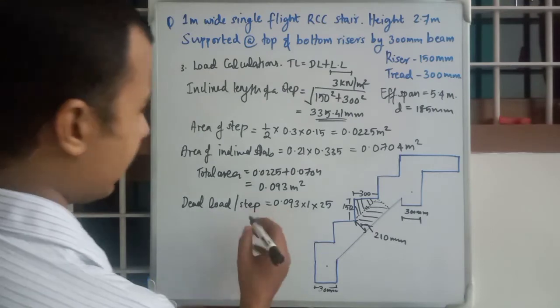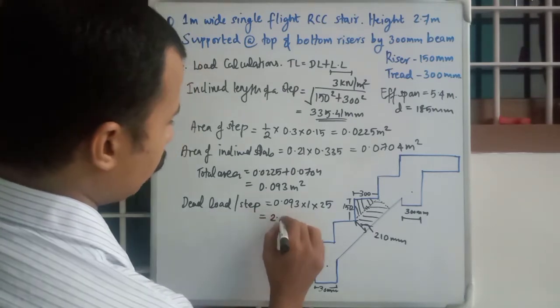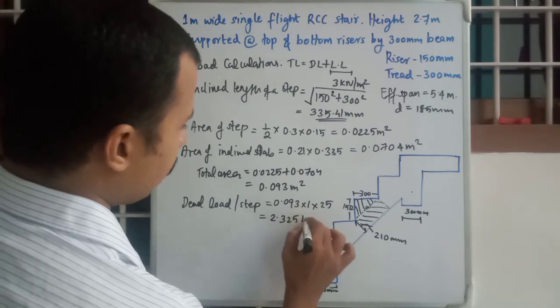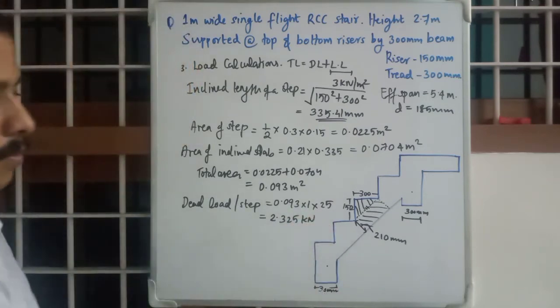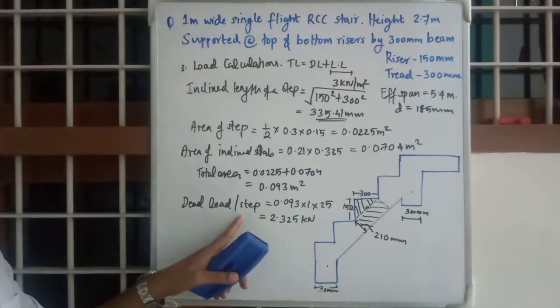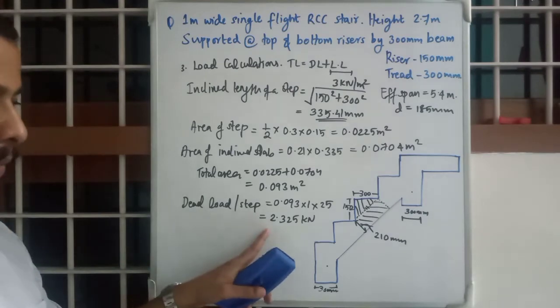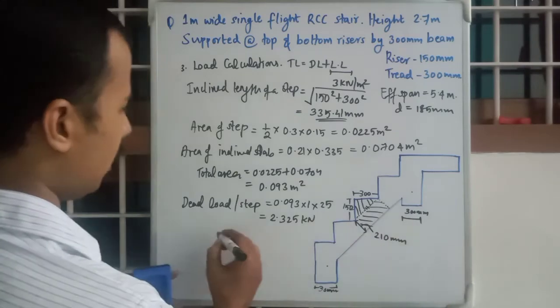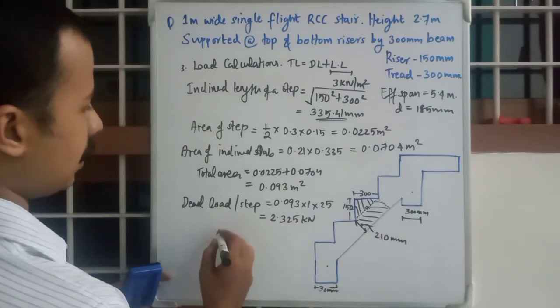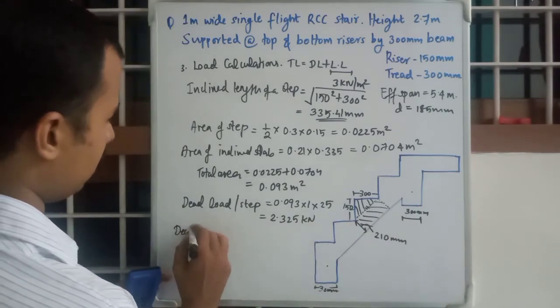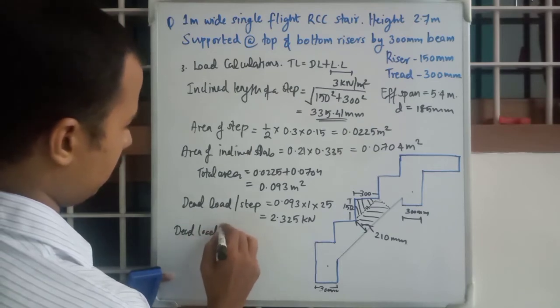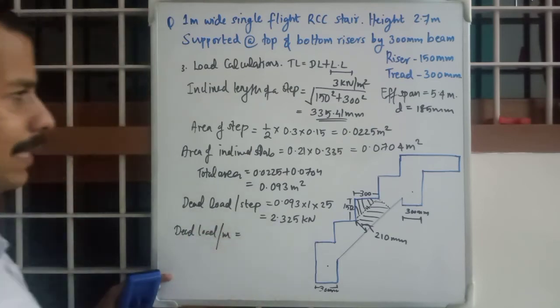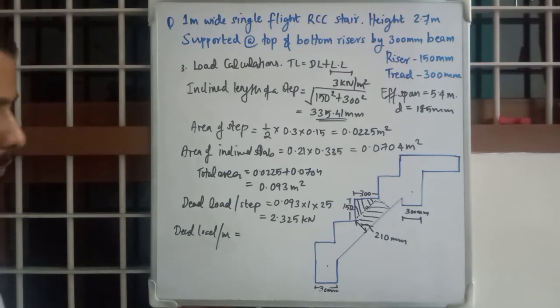Okay, so you will get it as 2.325 kilonewton per step. This is the dead load per step. You need to convert this per step value into per meter, right? Dead load per meter, that's how we calculate usually.